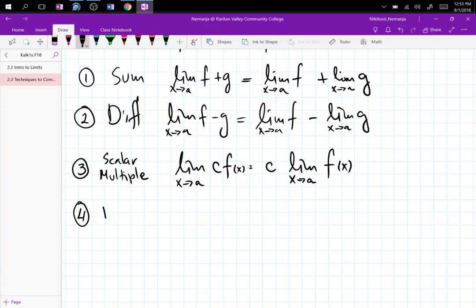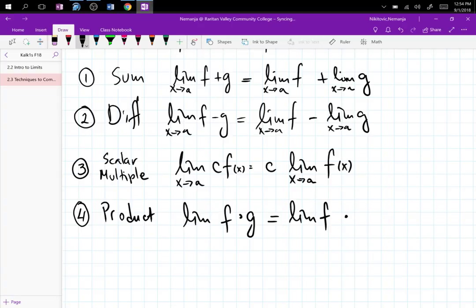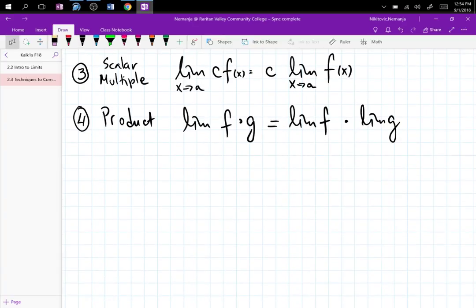Number 4, product. Limit of f times g is the limit of f times the limit of g. This works only for limits. It will not work for derivatives and it will not work for integrals. It only works for limits. This is all x goes to a.